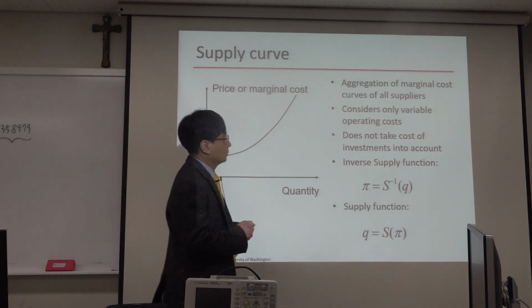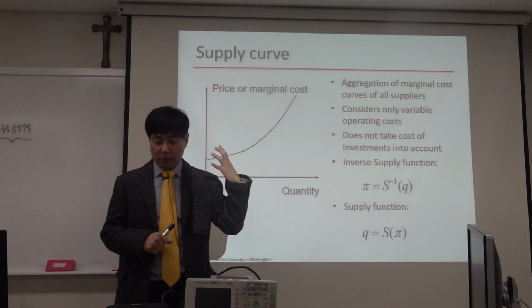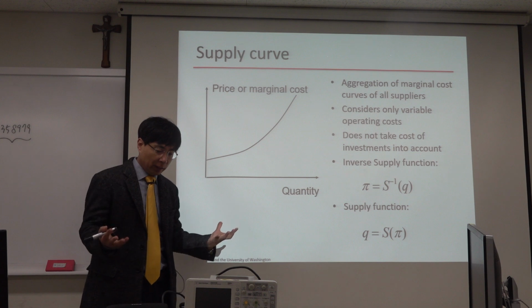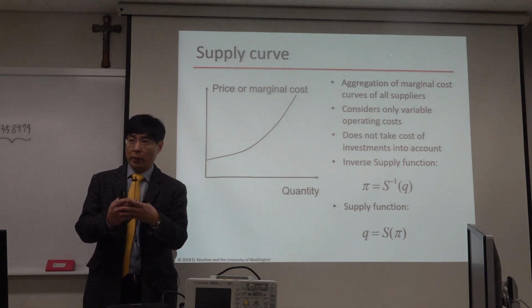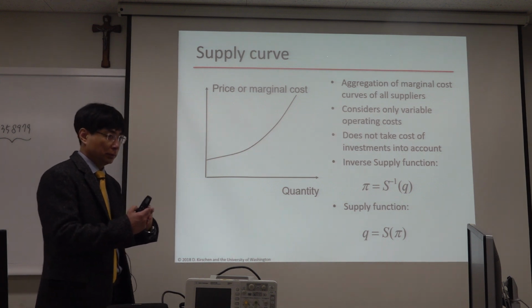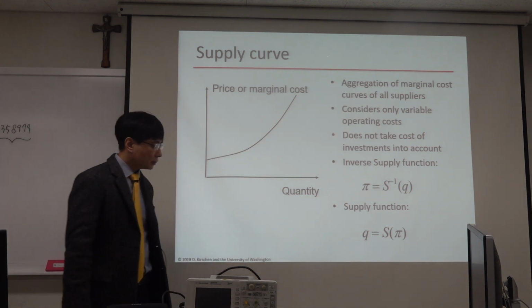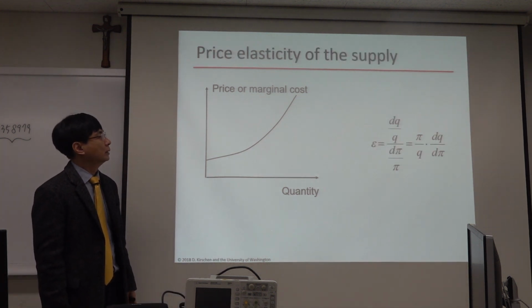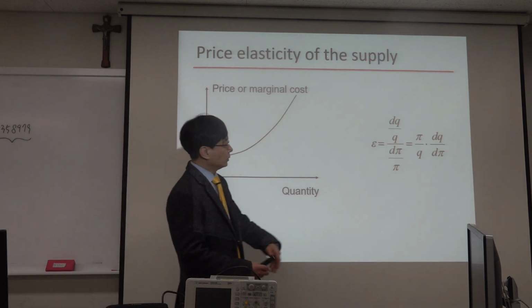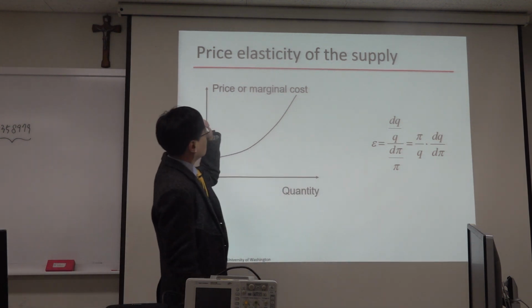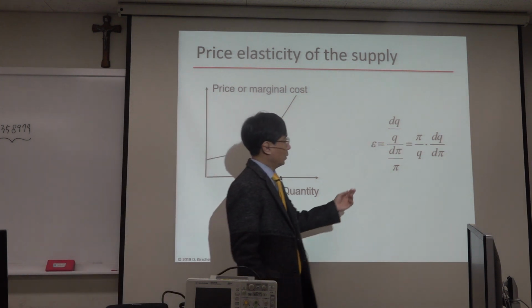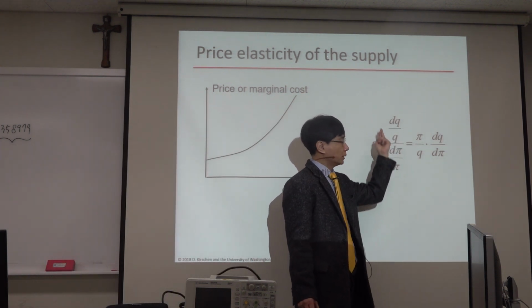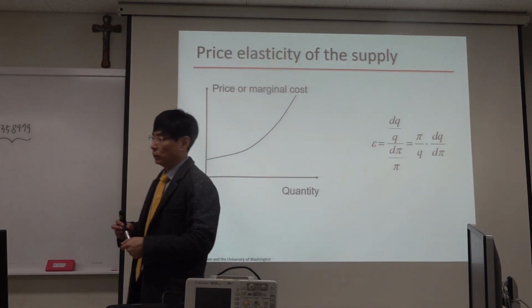So we have a supply function, we have a demand function, then these two functions meet at some point. So you think that is a market equilibrium. By the way, we can also define the price elasticity of the supply, which means when the price changes, how much the producing quantity changes.